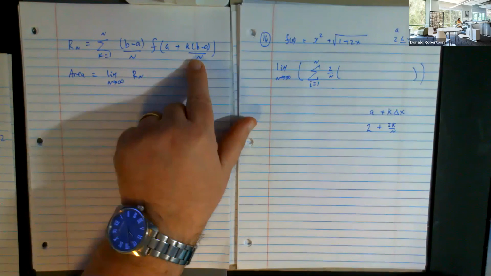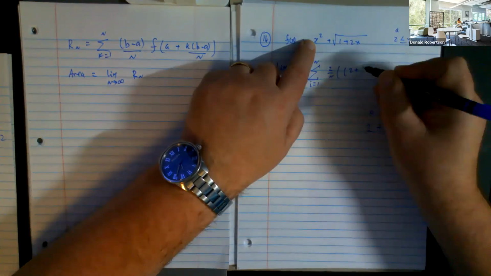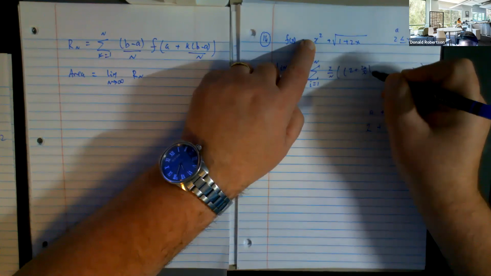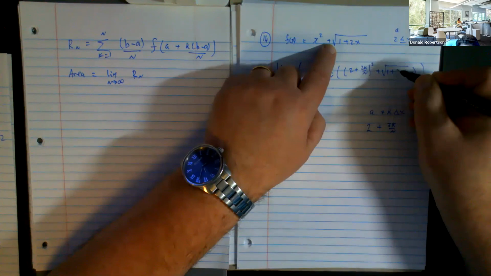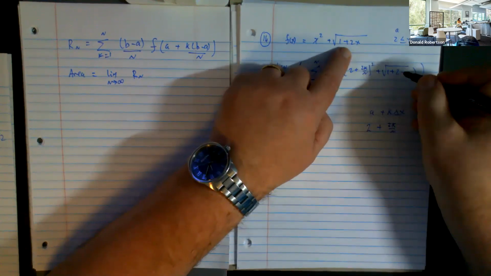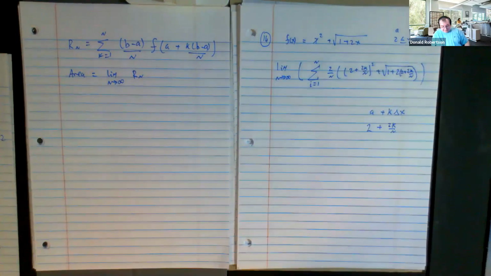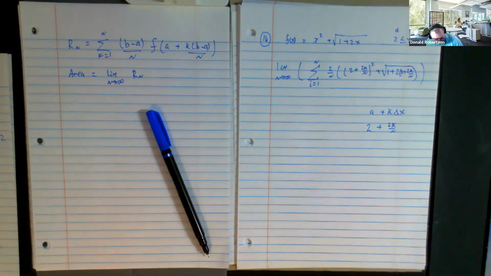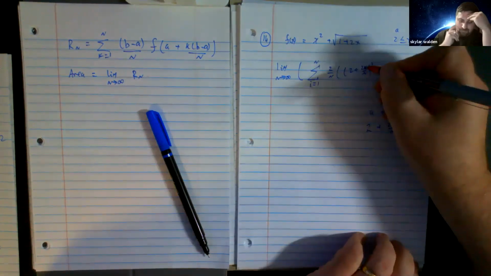So instead of x squared, it's 2 plus 2 over k squared plus the square root of 1 plus 2 times that fella, which is 2 plus 2 over k over n. And I've just put k's in, and I screwed up there because what letter should I have used because of this thing? I should have used i's.